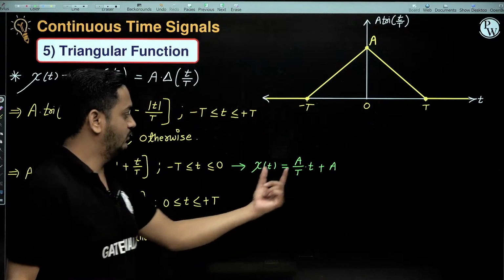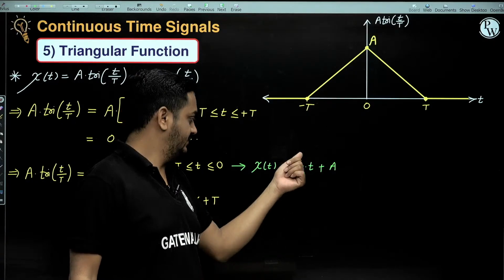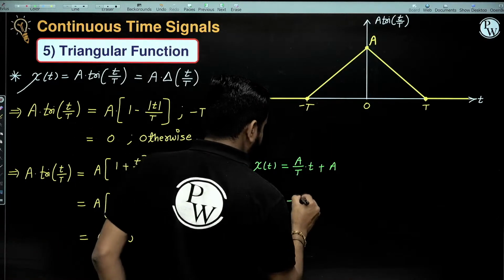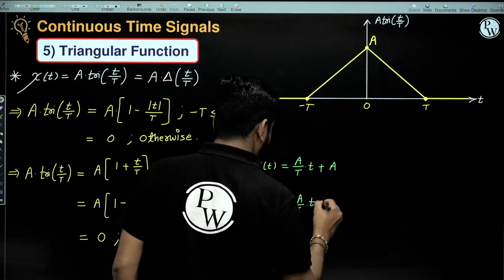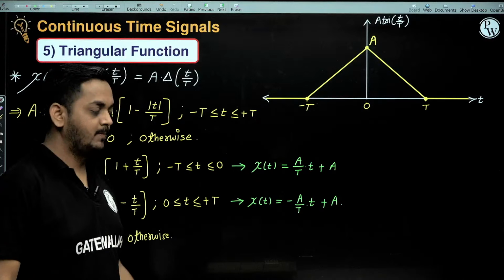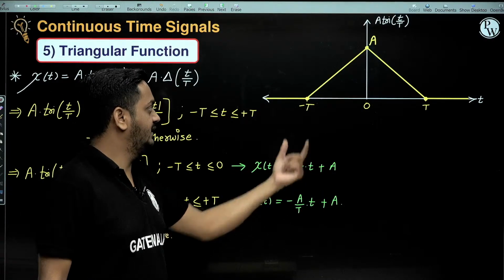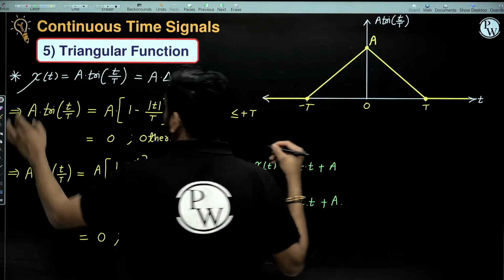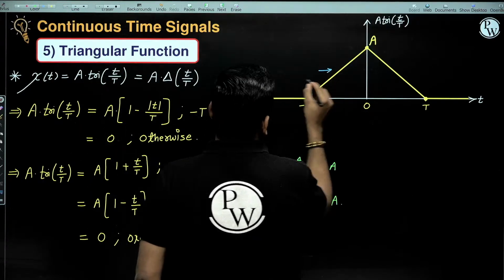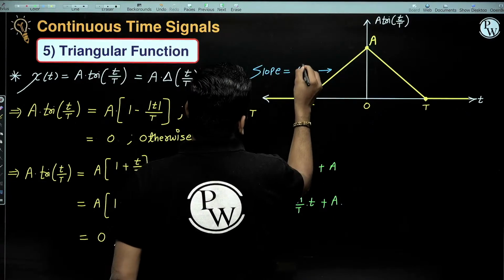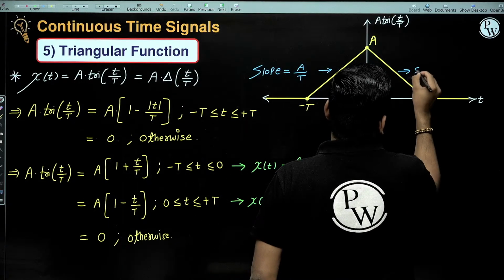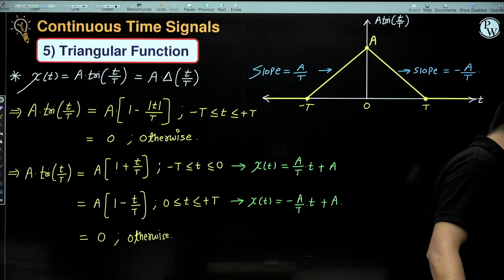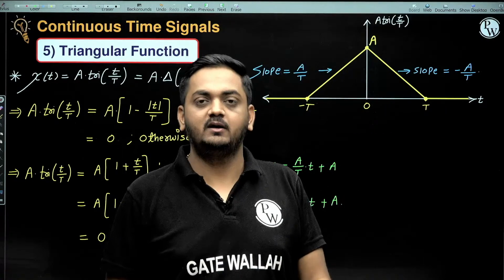So the slope is A by T. And in this case, you can say x of t is equal to minus A by T into t plus A. Here m is A by T, so the slope is A by T, and here m is minus A by T, so the slope is minus A by T. Here the slope is increasing, A upon T, and here decreasing, so it is minus A upon capital T. Got it?